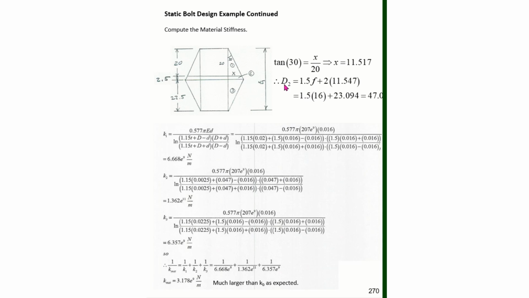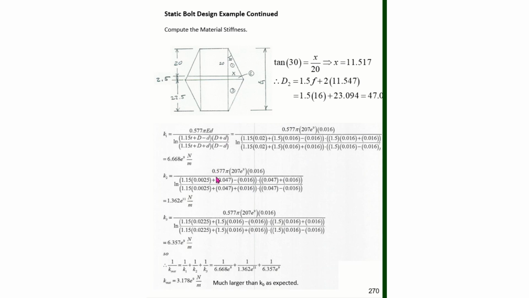So big D2 is 1.5 times 16 to get this distance, and then 2 times 11.547 to get this distance and this distance, and I add them up and get 47. The thickness of this cone is only 2.5.